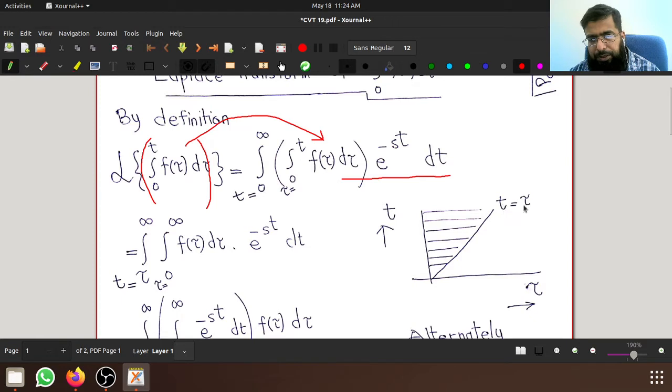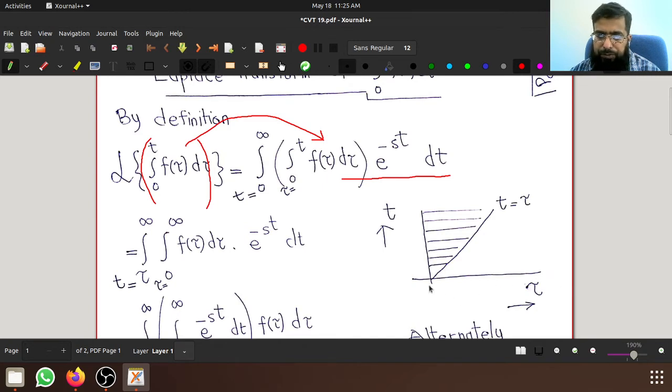So this is the line t equal to tau, and if we draw this surface as a set of horizontal lines, these lines originate from the y-axis, but they all end at this diagonal line. If it were tau from 0 to infinity instead of t, that would cover the whole plane.